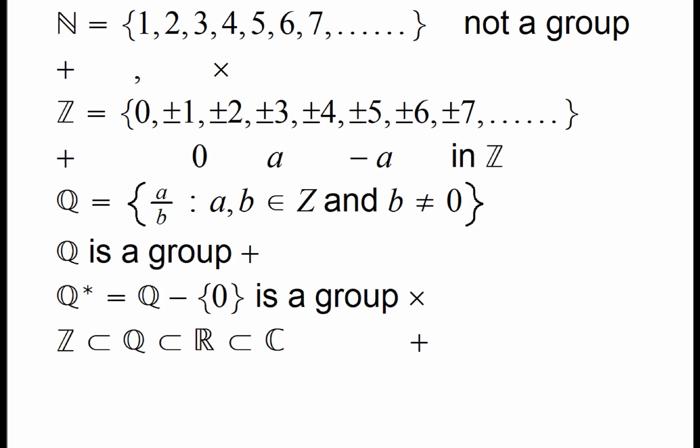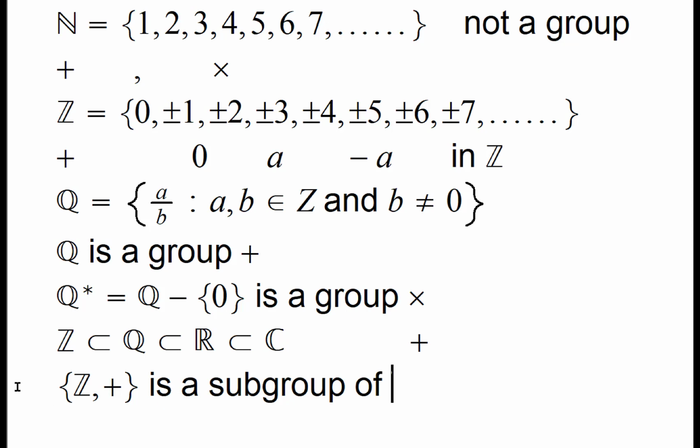So what we say here is this, that Z with respect to addition, we can call it a subgroup of the set of rational numbers. Also, it's contained in the real, so it's a subgroup of set of real numbers. So we may say this is a subgroup of the group of rational numbers, right?